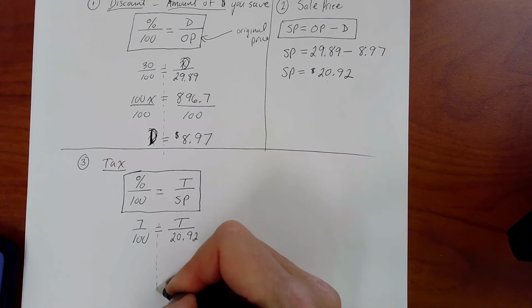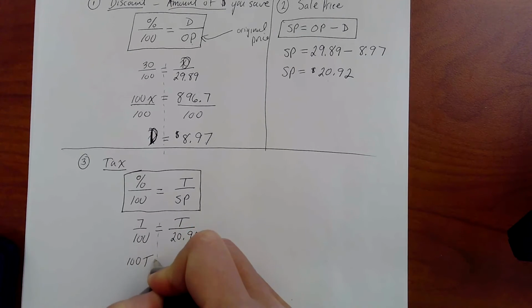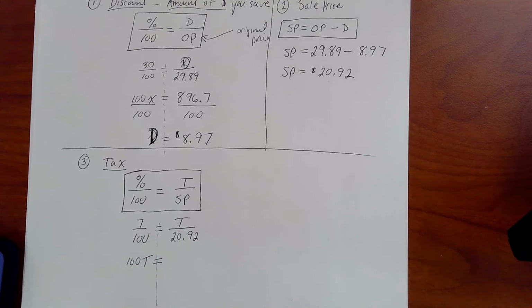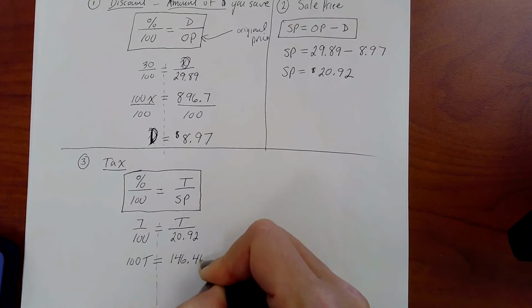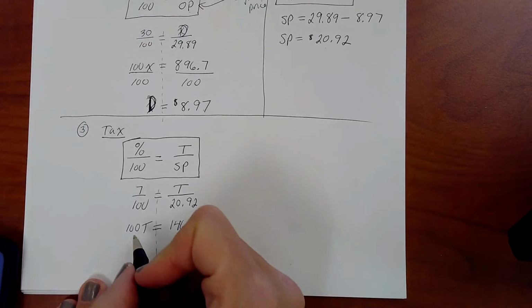Okay, let's solve this. 100 times T, 100T. 7 times 20.92 is 146.44. How do I get T by itself?